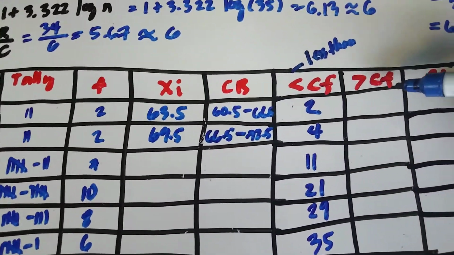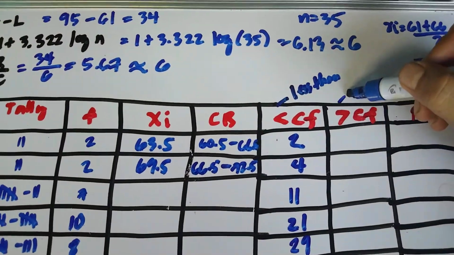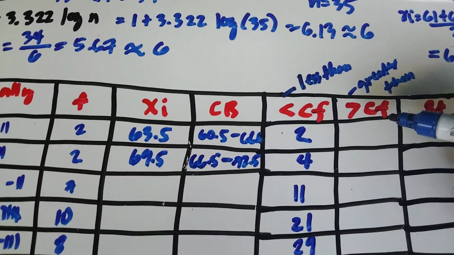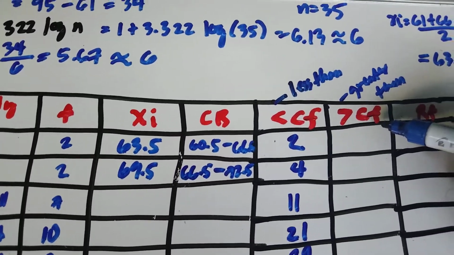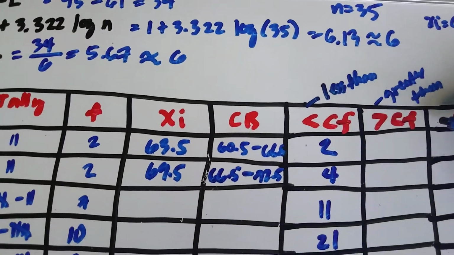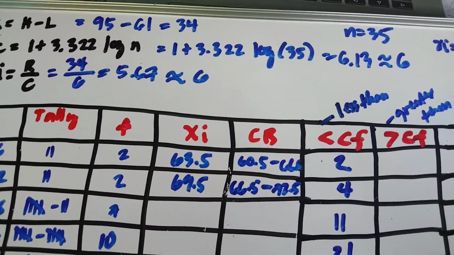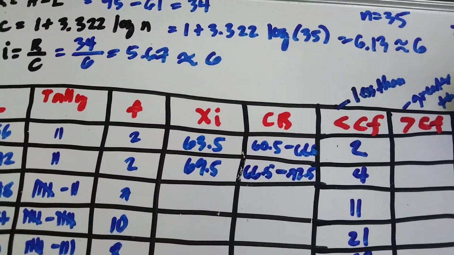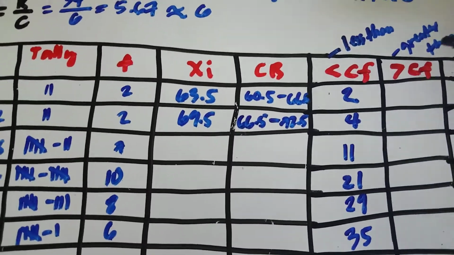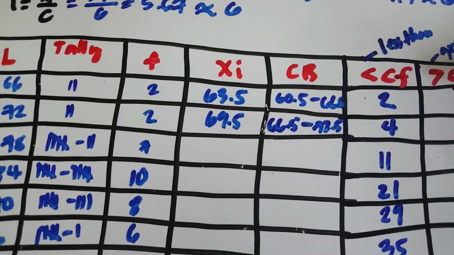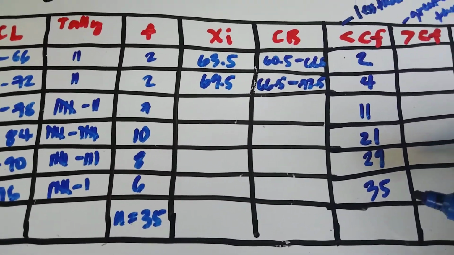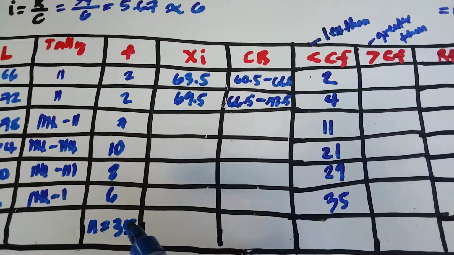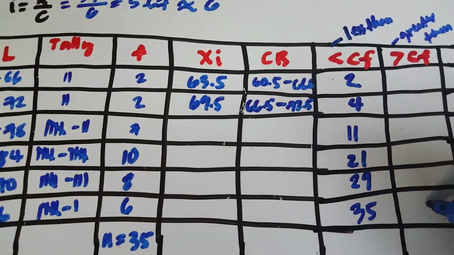Now, how about the greater than cumulative frequency? Since it is greater than, we start at the bottom row. The frequency at the bottom is 6, so you write 6 here.